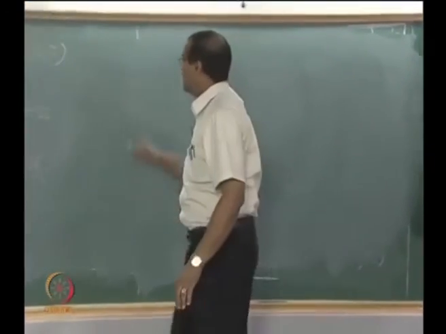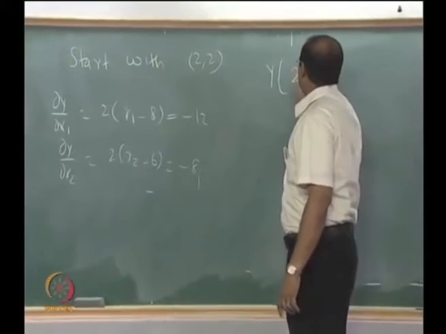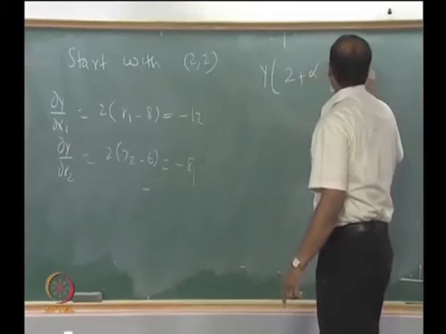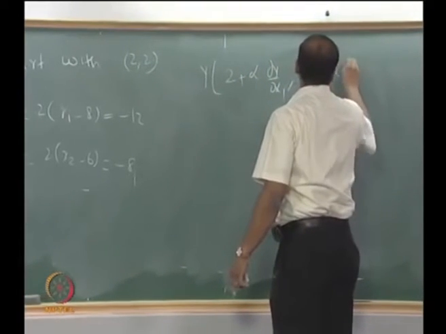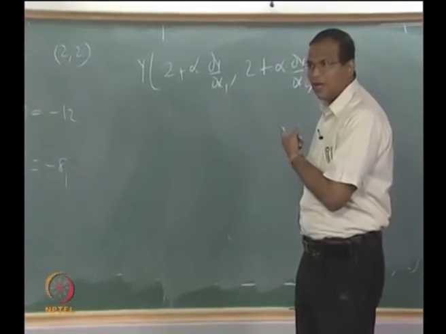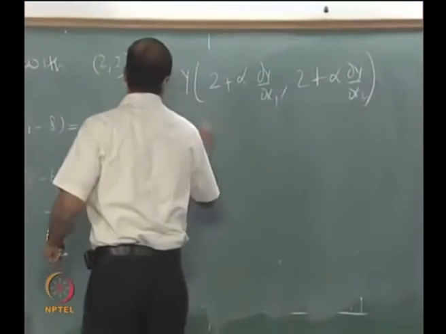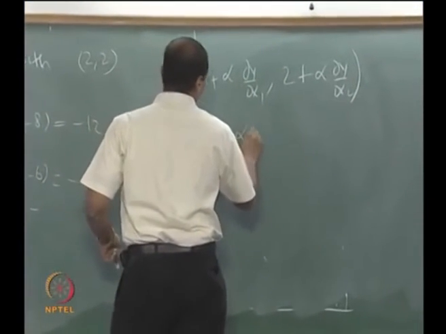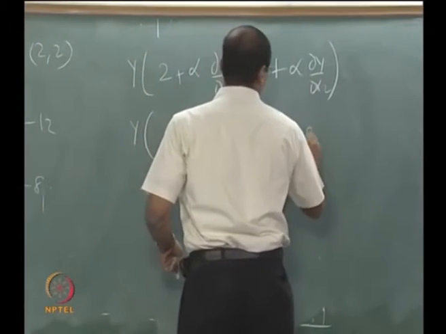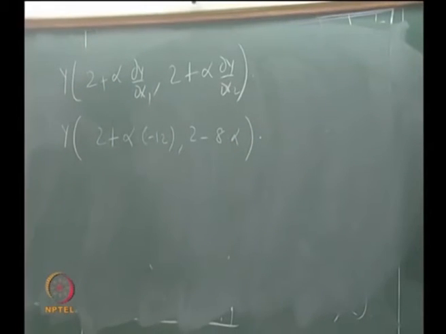Now we have to calculate y at the new points. Okay, 2 minus alpha, 2 plus alpha, correct. We have to calculate the y and optimize. Fine. So what is this? Y of, correct.